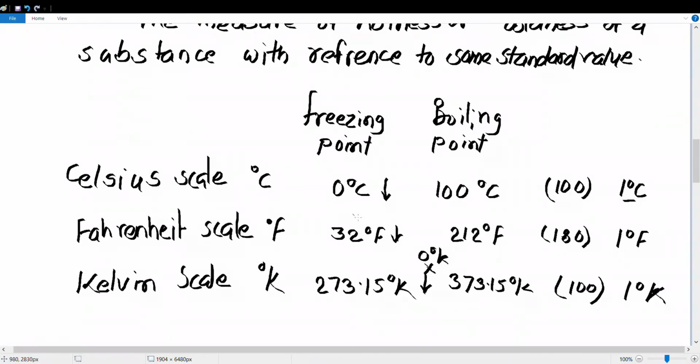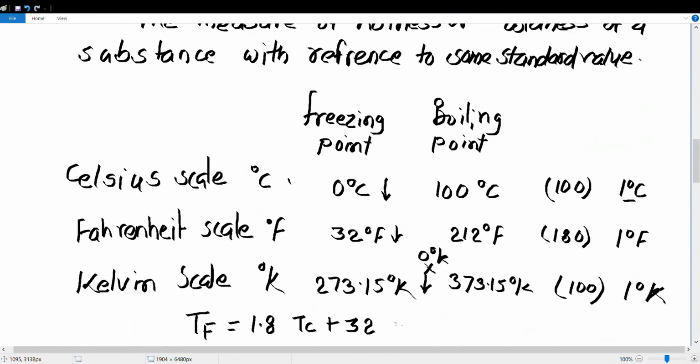Now let us see one interesting phenomenon with the help of which one can correlate the different scales. Suppose we wish to convert degree Celsius to degree Fahrenheit. Then this is the formula. With the help of this formula, you can convert the temperature from degree Celsius to degree Fahrenheit.